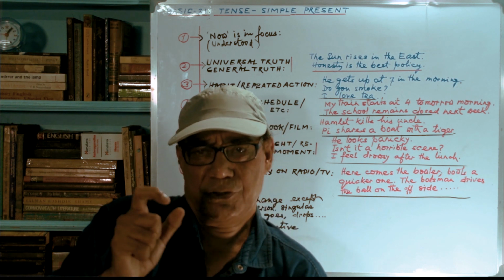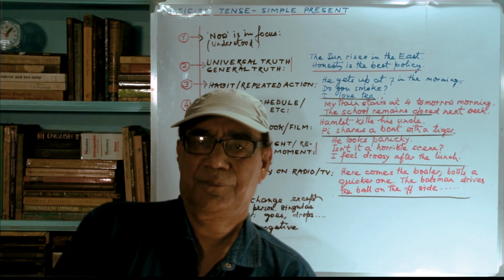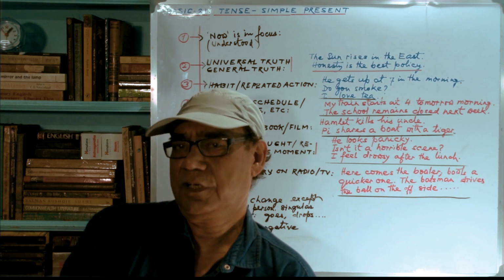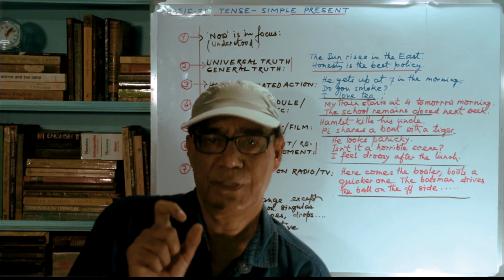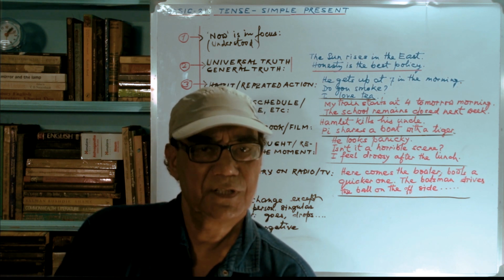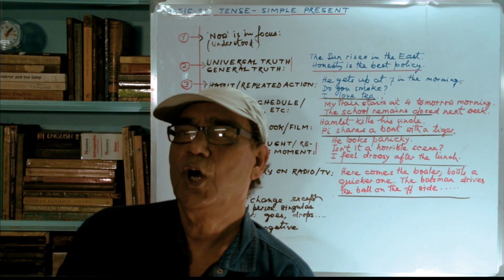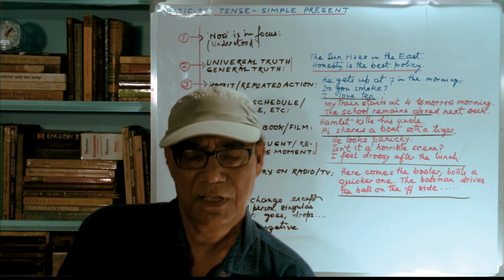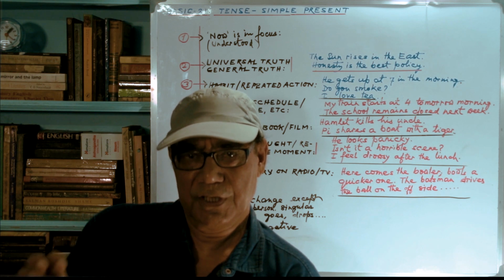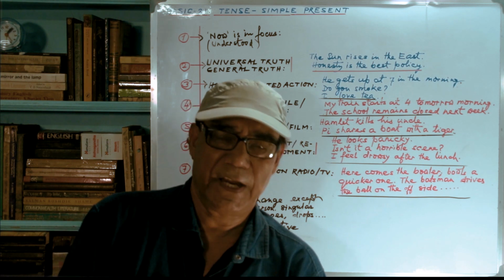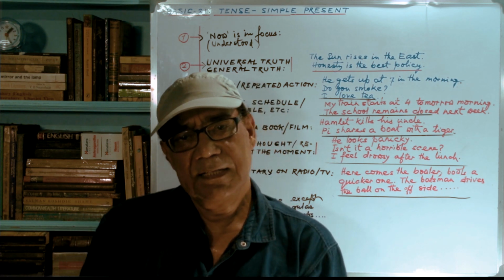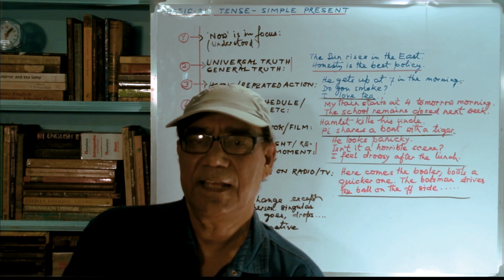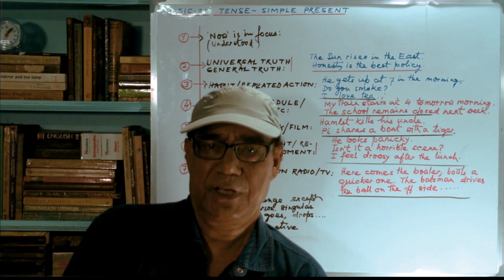Each of these three major divisions is again subdivided into four groups: simple present, simple past, simple future, or present continuous, past continuous, future continuous, etc. etc. Today we discuss especially the first category, that is simple present tense.